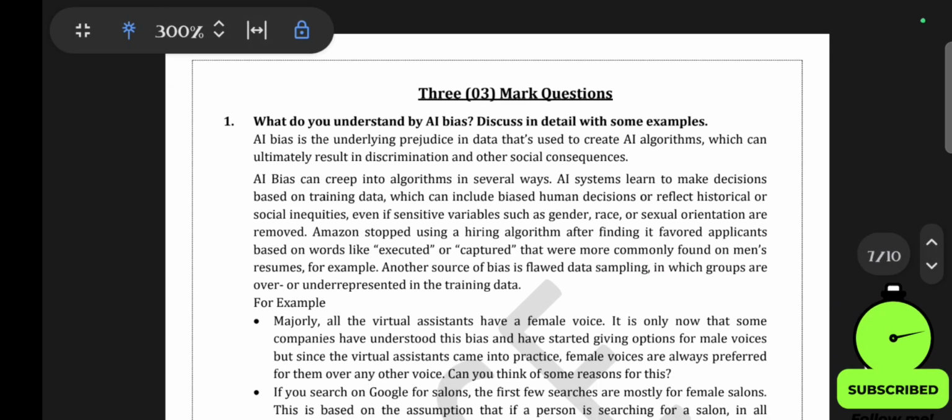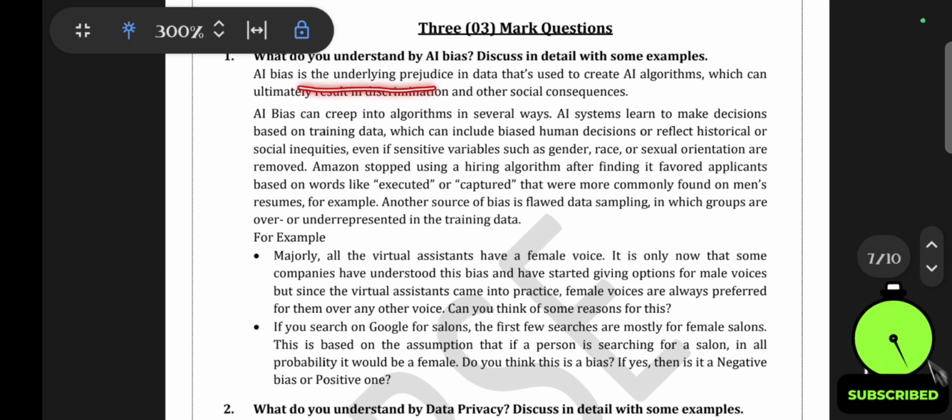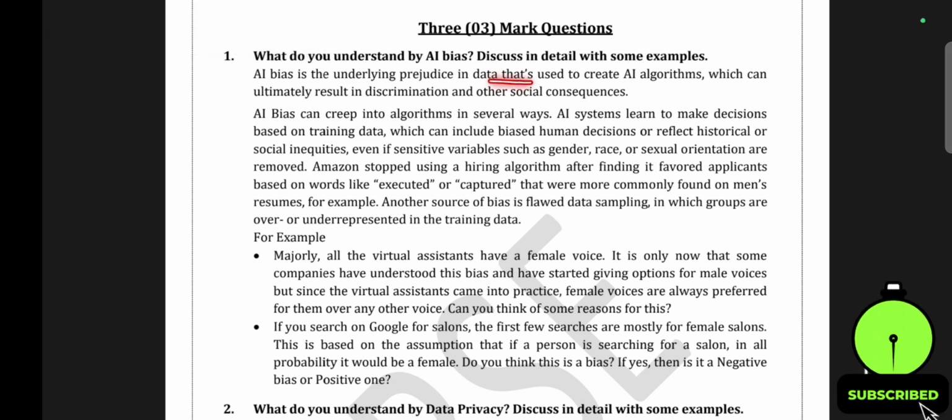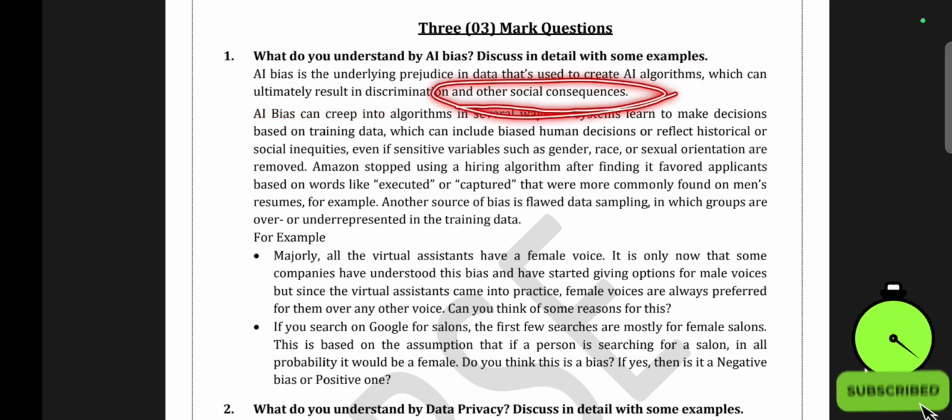So here is the answer of this. You can see AI bias is an underlying prejudice in data. So you can cut or underline which words you are having some difficulties with. AI bias is a prejudice in data that's used to create AI algorithms, which can ultimately result in discrimination and other social consequences.